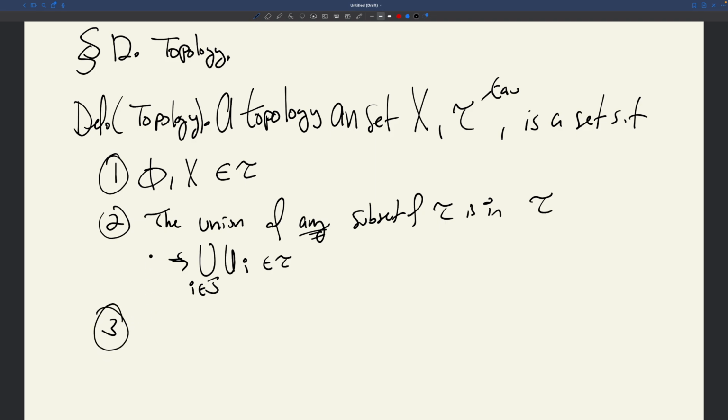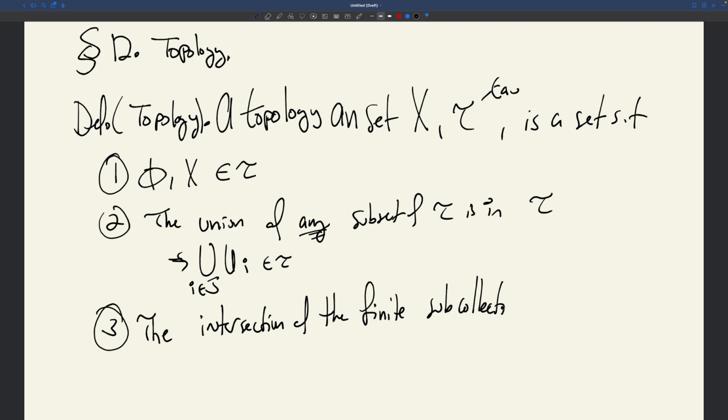And then we have our third. Some people will sometimes combine the second and third, but I guess having it a bit more explicit here. The intersection of the finite subcollection of tau is in tau.